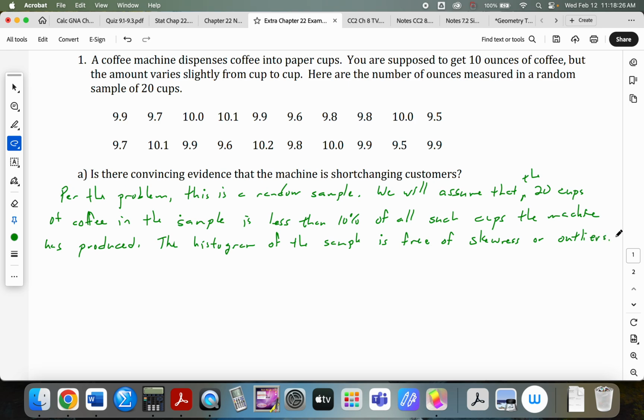In some cases, if it's slightly skewed, you can say it's free of strong skew. So it's relatively normal. So the conditions have been met to do a what?